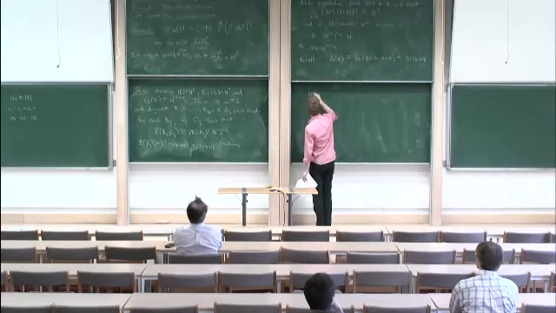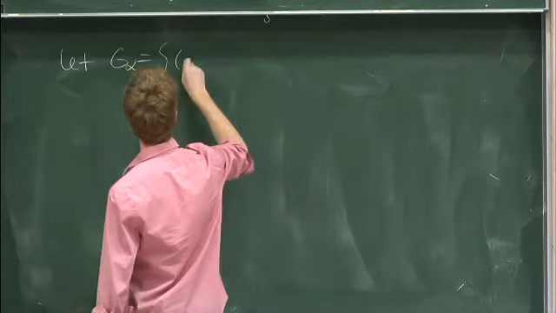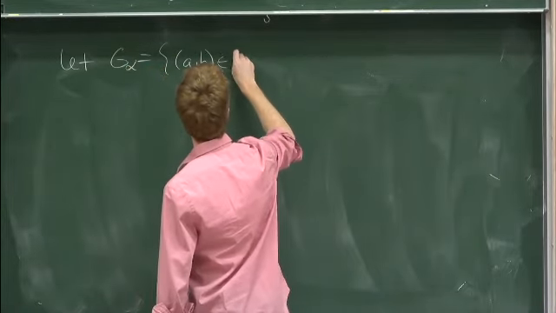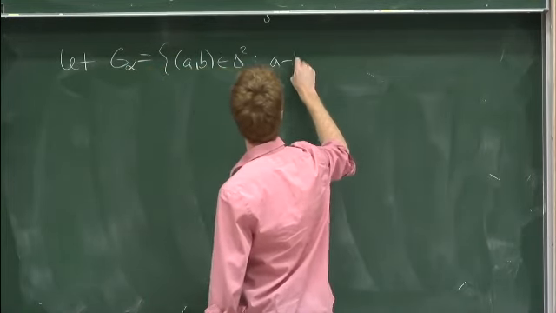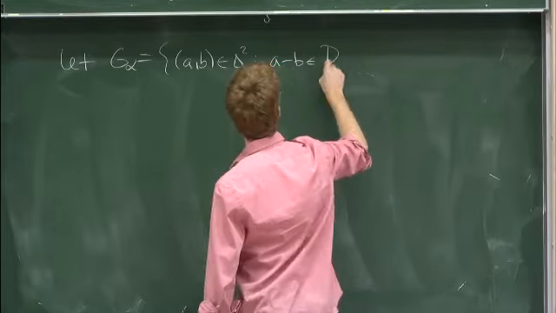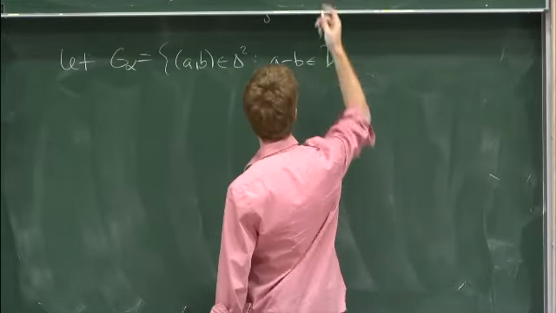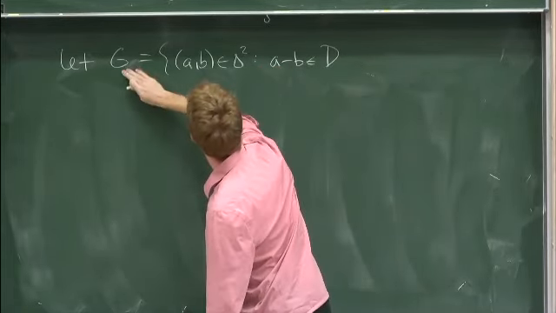So let G sub alpha be the set of all pairs A and B in delta squared, such that A minus B is in D. Well, I could have put a subscript alpha on there, but I didn't.